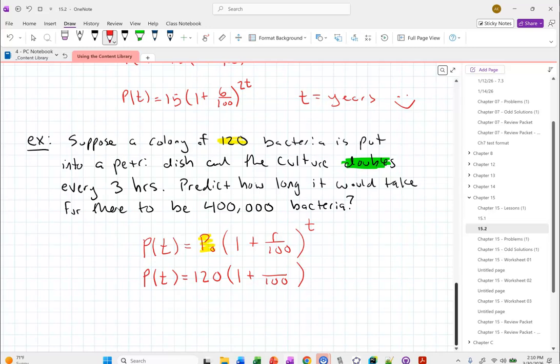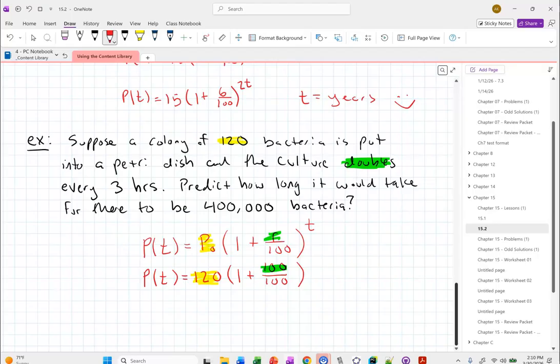So if something costs $1 and I increase its price by 100%, its new cost is $2. It's doubled. Does everybody feel okay with that? Again, it's one of those where once you've heard it in words, it's like, oh yeah, sure, of course it's got to be that. And then T will just be 3 hours. So what unit do you want T in?